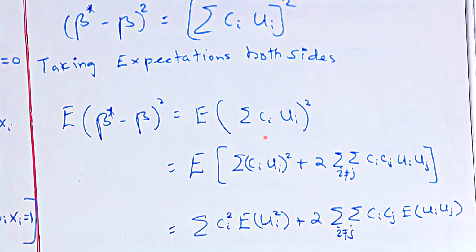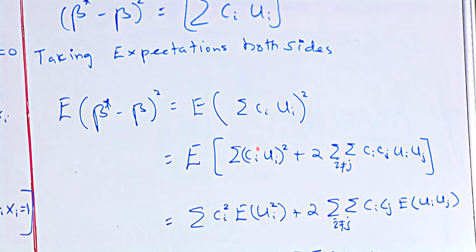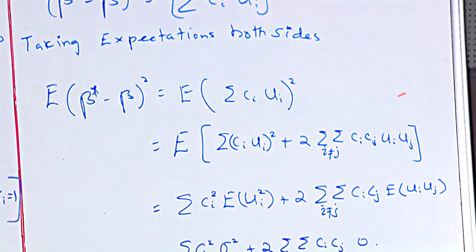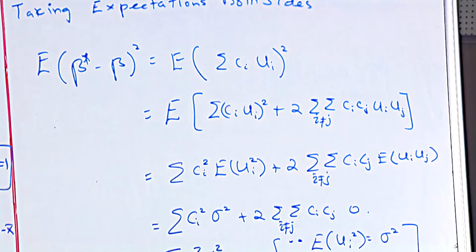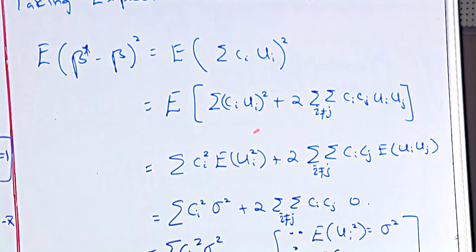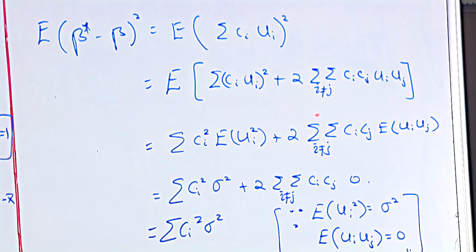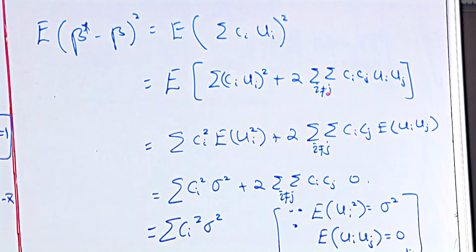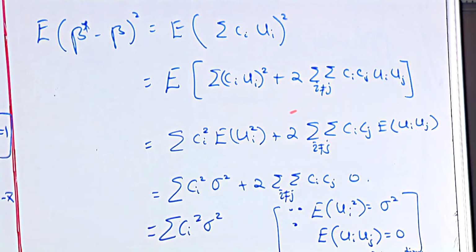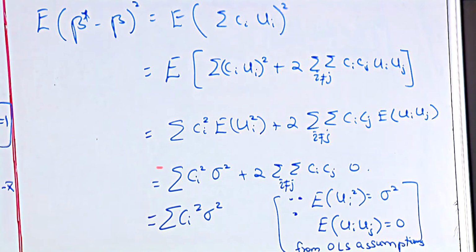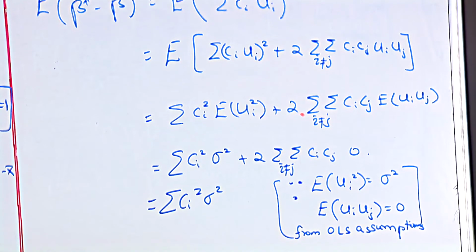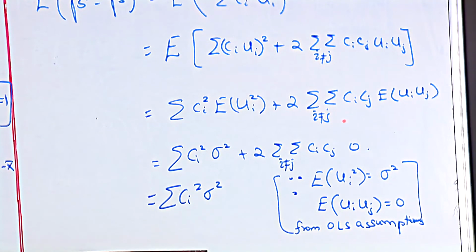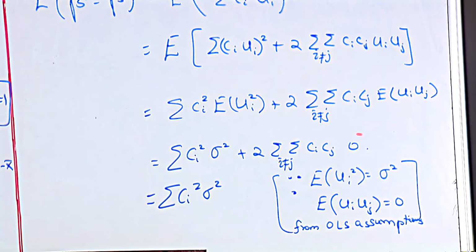So this is equal to the expectation of Σ Ci ui the whole square. Expanding this square of the summation terms, we get Σ Ci square ui square plus 2 into double Σ i not equal to j Ci Cj ui uj. So this becomes Σ Ci square expectation of ui square plus 2 into double Σ i not equal to j Ci Cj expectation of ui uj.